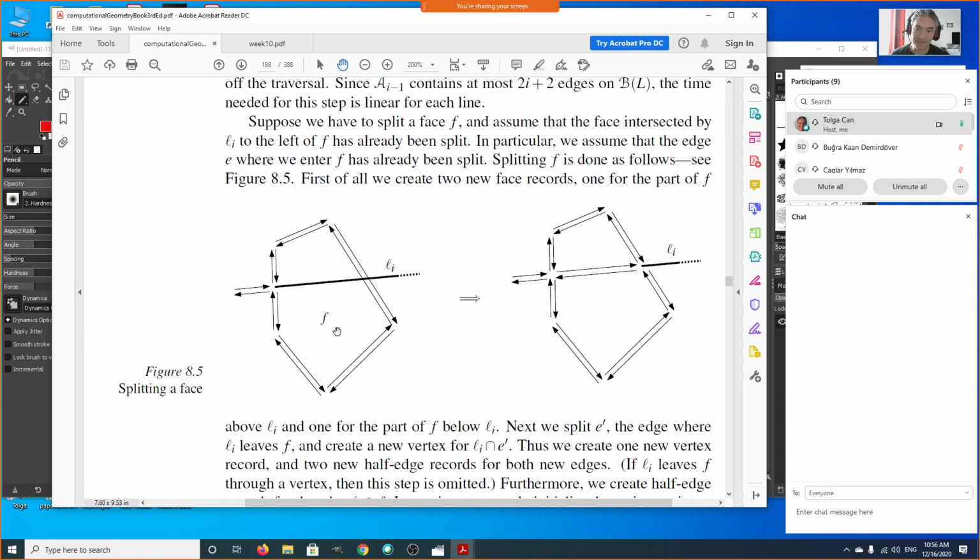If you have a face like this, when a line enters at this point, what we have to do is chop these two long half edges into two, and insert two new half edges for the portion that the line is inside, and the face record is also split into two. So the face records, edge records, and vertex records are going to be updated only for the parts where our line pierces through.